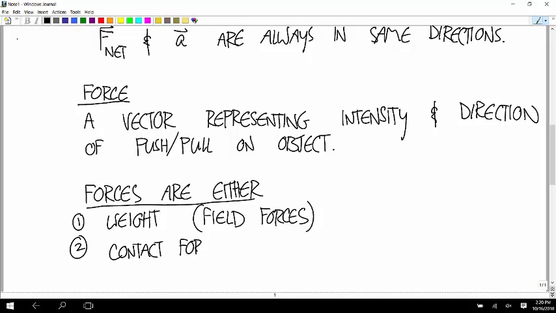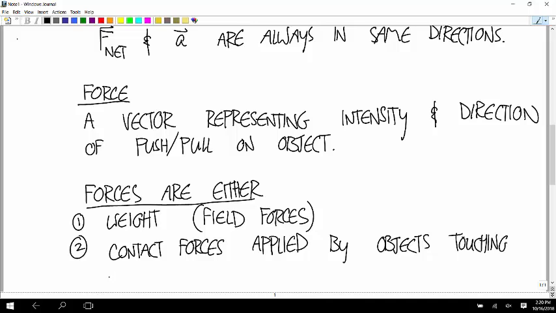So, contact forces applied by objects that are touching the boundary of the chosen object.